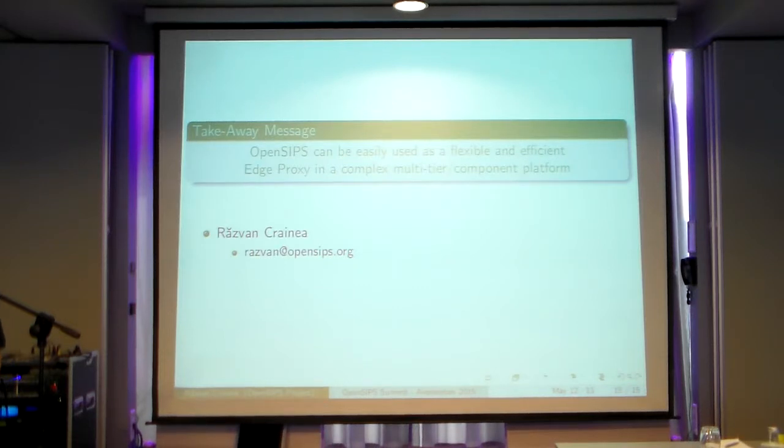Go ahead. My question is regarding the compression. In which cases do you believe it should be used, and what's the overhead on the CPU for compressing these packets? Usually compression can be used when there are components on your path that don't need the SDP.